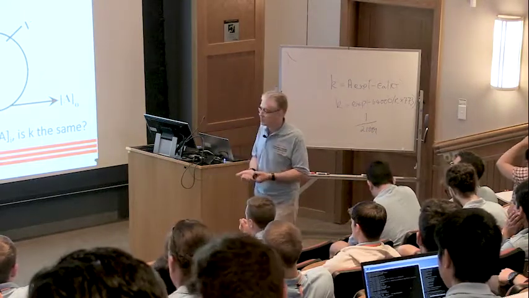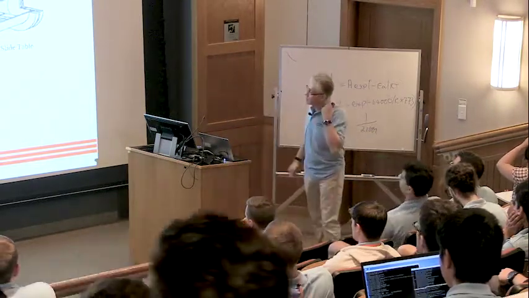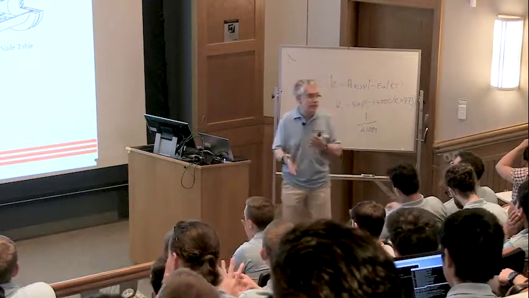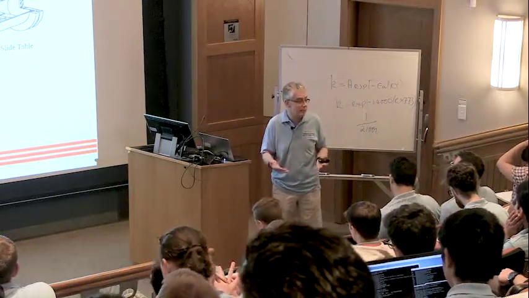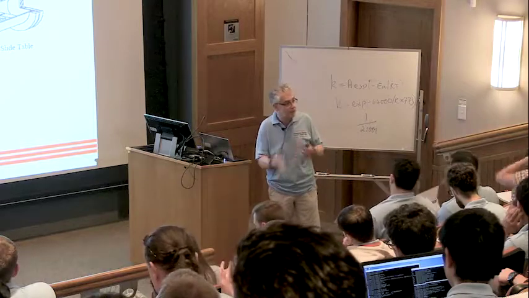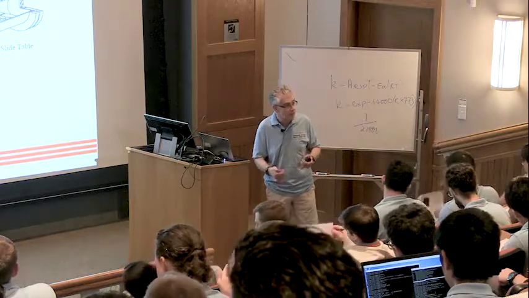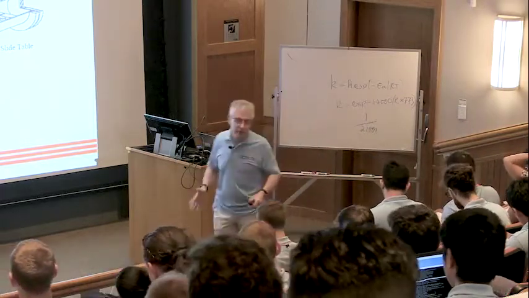Okay. And then he can up the pressure to 10 atmospheres and do the same. And then you can compare the 1 atmosphere and the 10 atmosphere results. Okay? So that's a jet-stirred reactor.